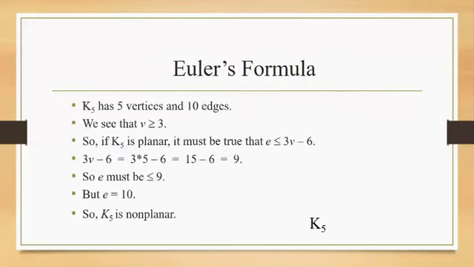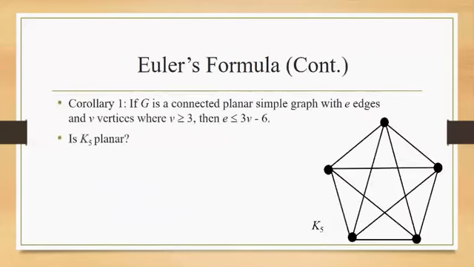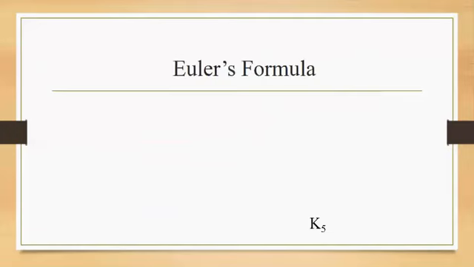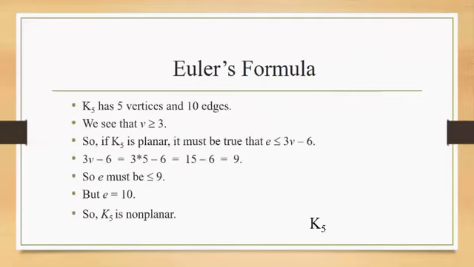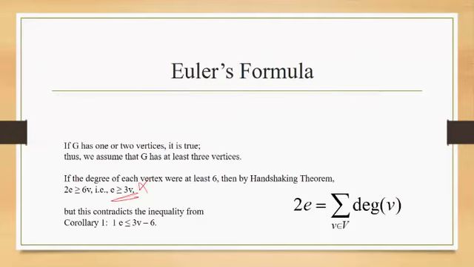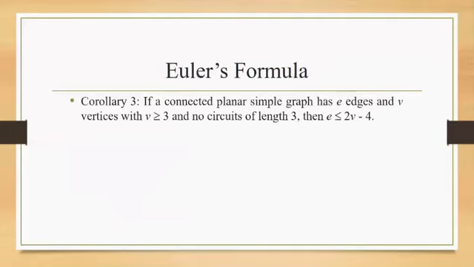The equation is E is less than or equal to 3V minus 6. So whenever each vertex has degree exceeding 5, the graph will not be planar. Now the next thing is, based on our theorem, we are taking these statements.